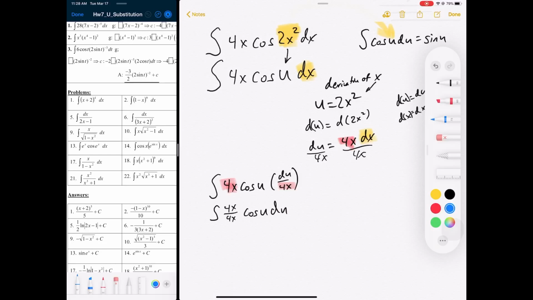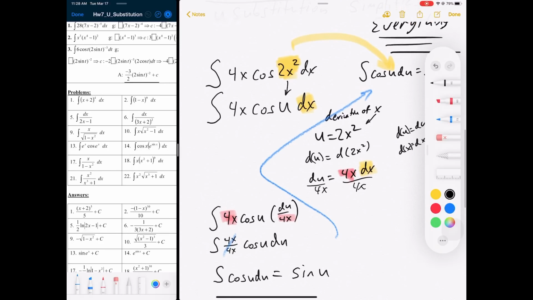And remember our problem back here? Isn't that what our goal was to get? This divides out, and we're left with the integral of cosine u du, which we said was sine of u. Well, we didn't start off with u.